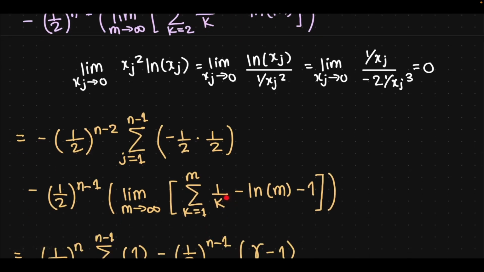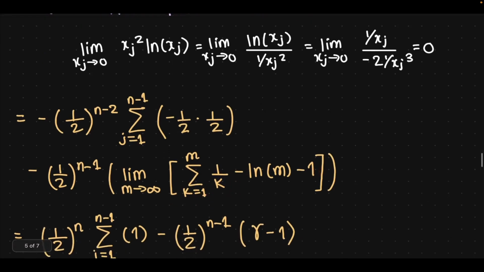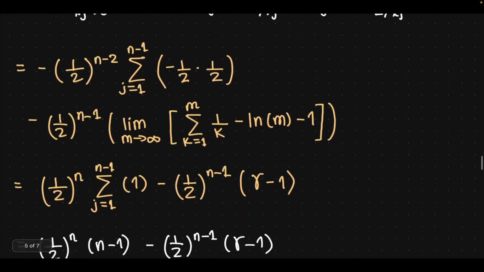So when I add 1, I can just include that in the sum. But then I'm subtracting 1 as well, right? I can pull the factors of 1/4, and then it becomes 1 over 2 to the n, sum from j equals 1 to n minus 1 of 1, minus 1/2 to the n minus 1.